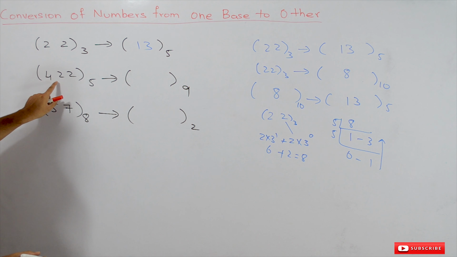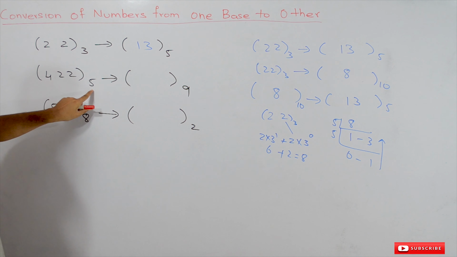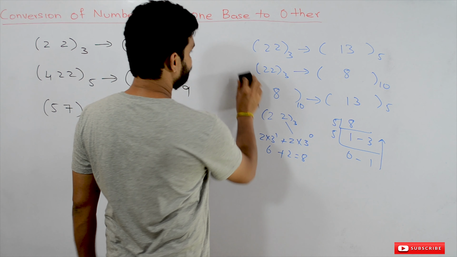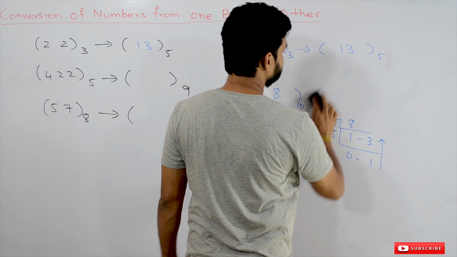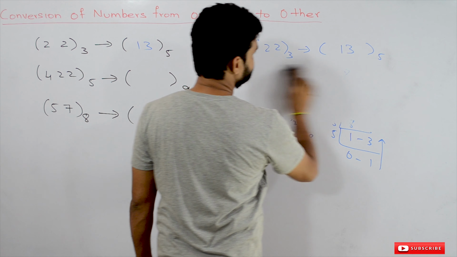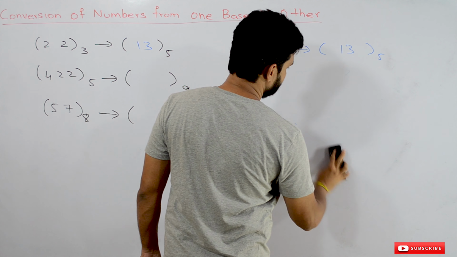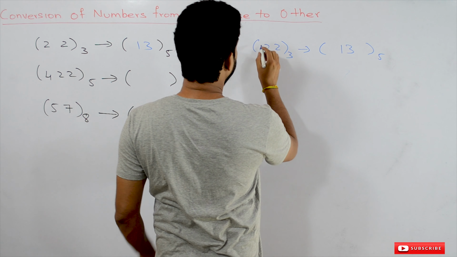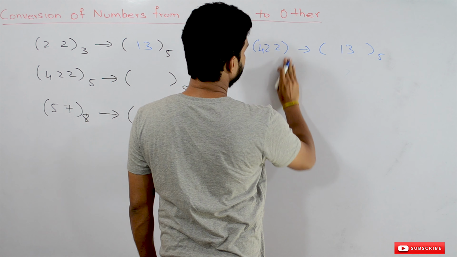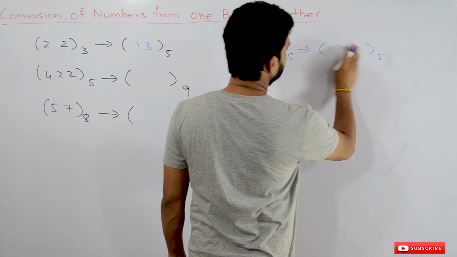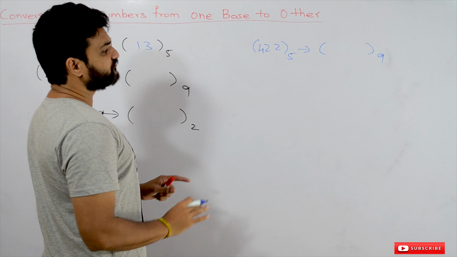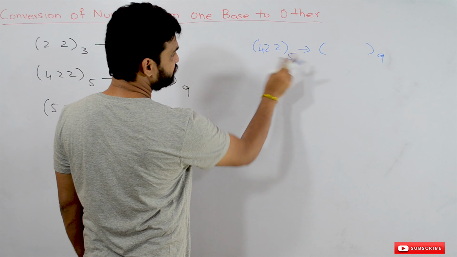Now we would like to convert 422 base 5 into a base 9 number. First we have to convert this number to base 10.